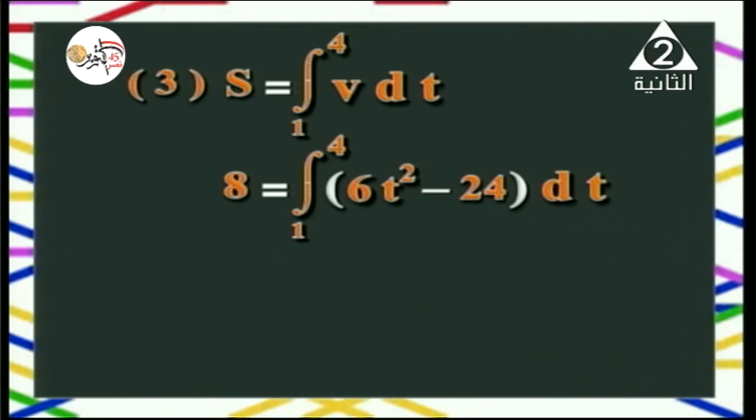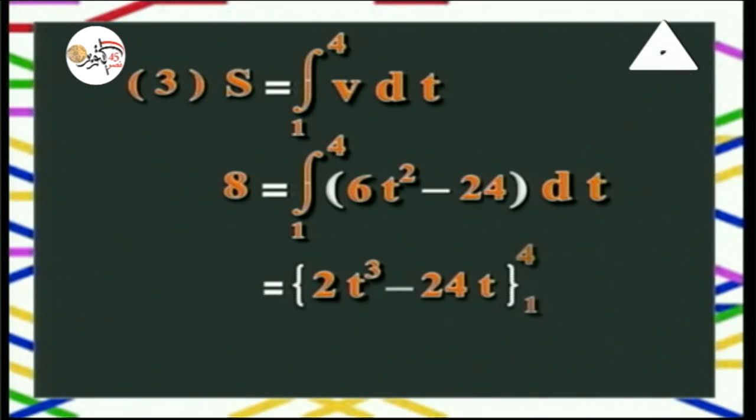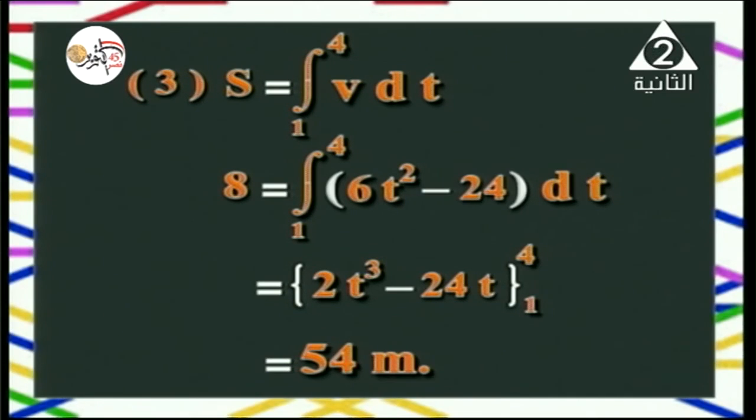What is the integration? 6t cubed over 3 minus 24t. Therefore, 2t cubed minus 24t. After that, substitute 4 and 1. My dear student, the answer is 54 meters.